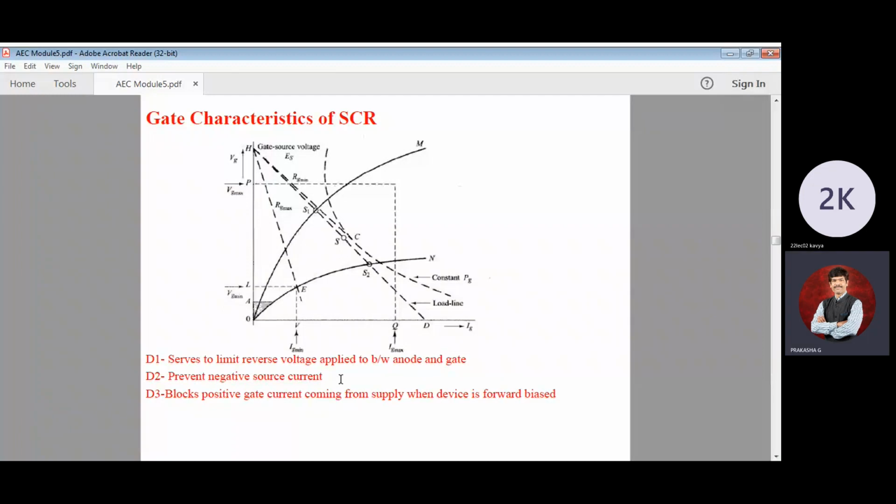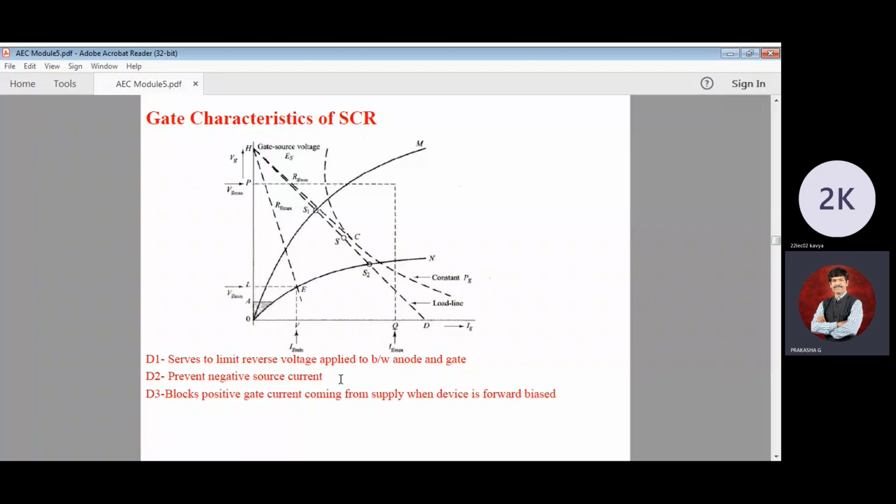Ig is the gate current and Vg is the gate voltage. With respect to two values, I'm going to get it like this. This is M, this is N. Okay, M and N, two different values, 0 to M and 0 to N. I will be having two gate currents, that is Ig minimum and Ig maximum. Between these only I should check.